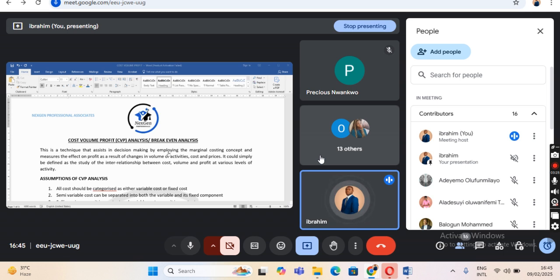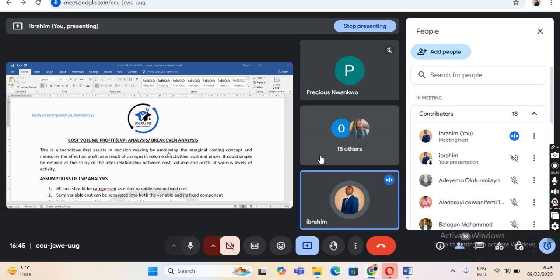The organization will ask, what is the break-even point in units when we want to make a sale of 20 units? What will be the break-even point of this particular product? Class, we will be looking at that part as we proceed with our lecture.